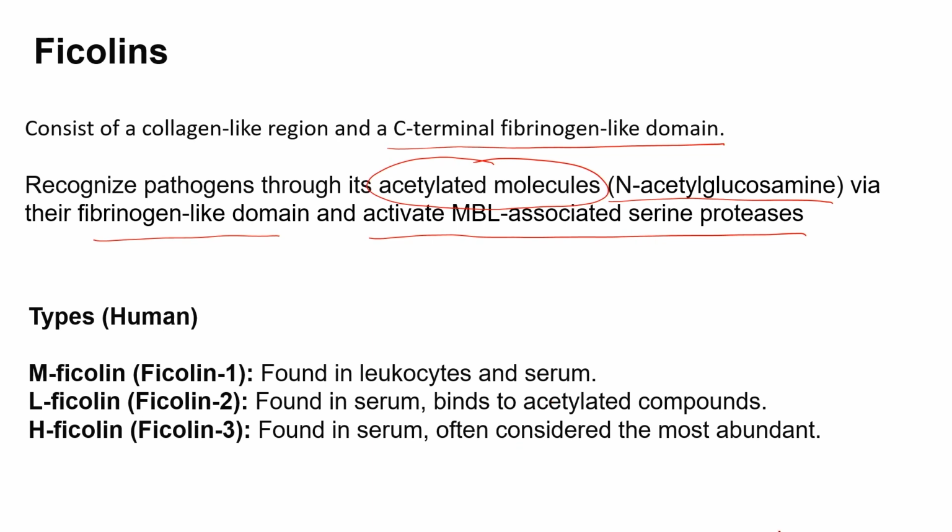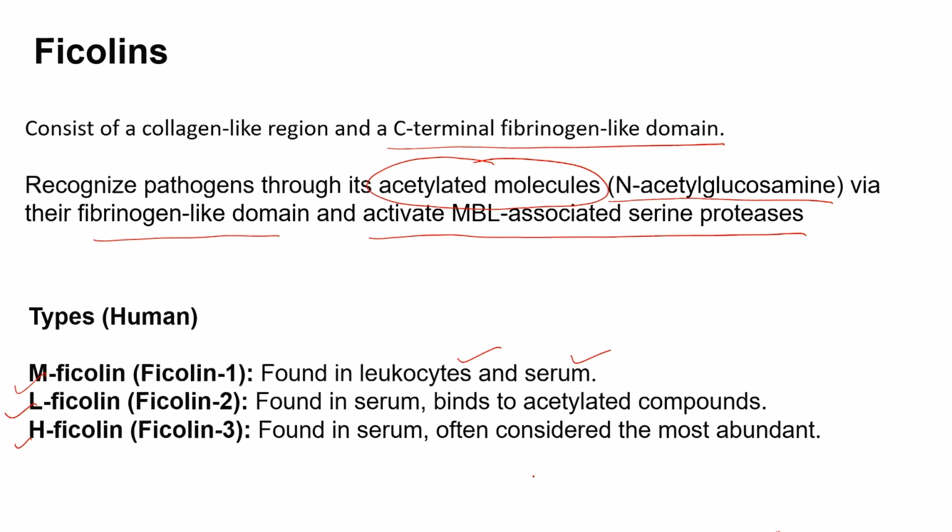There are different kinds of ficolins present in the human body. M-ficolin is present in leukocytes and serum, L-ficolin is present in serum, and it definitely binds to the acetylated components of a pathogen. And then finally the H-ficolin, which is found again in serum, and it's considered the most abundant ficolin in the human body.